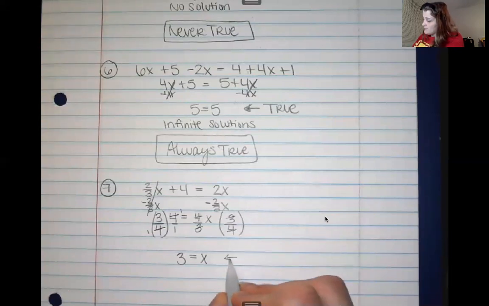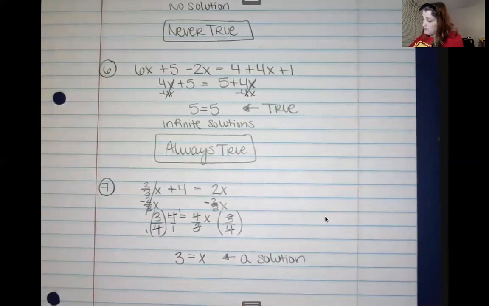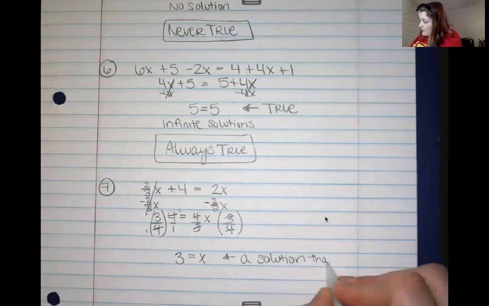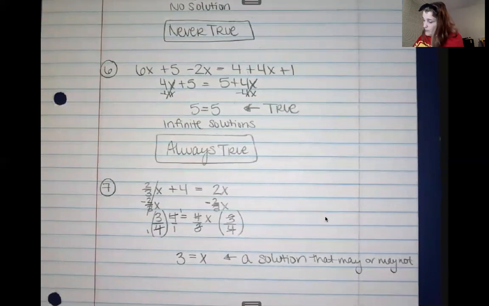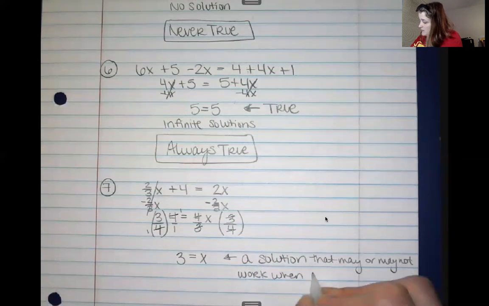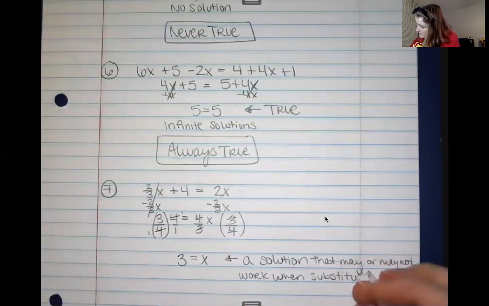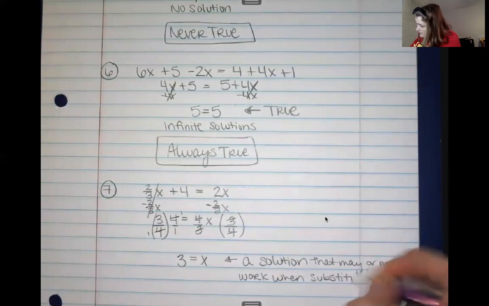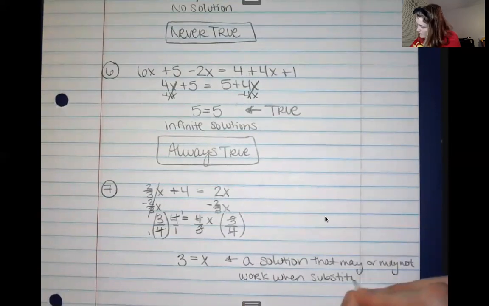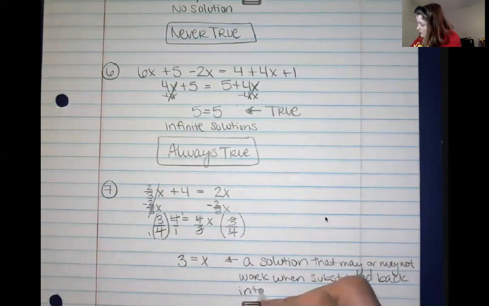So in this scenario, since you have a solution, since you have found something that x equals, this is a solution that may or may not work when substituted back into the original problem.